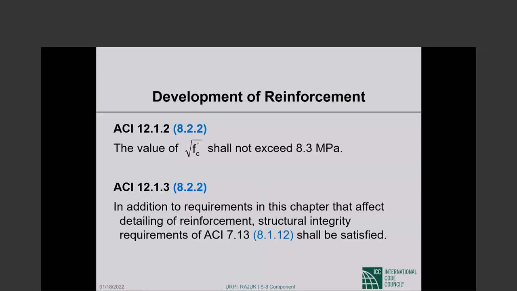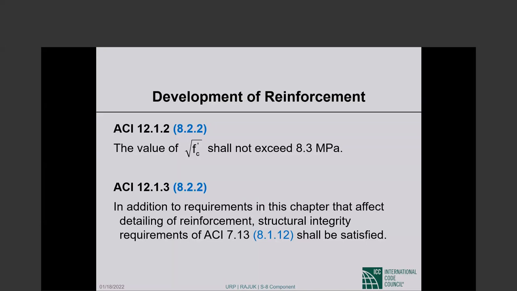Okay? In bond or development length calculations, I should say, square root of f sub c prime is limited to 8.3 megapascals. In addition to requirements in this chapter that affect detailing of reinforcement, structural integrity requirements shall be satisfied.